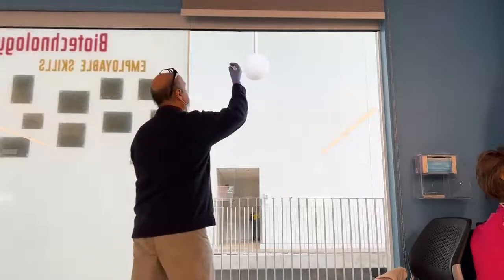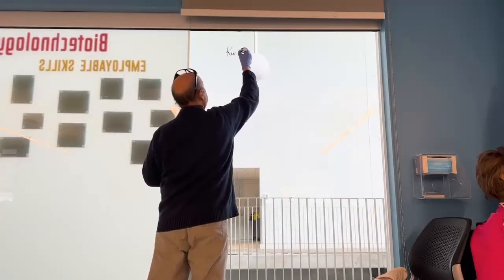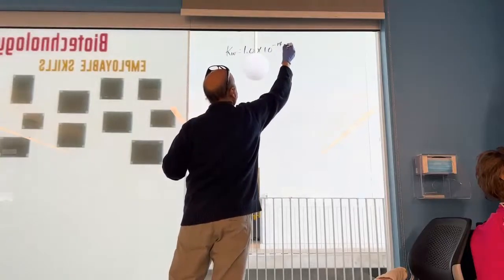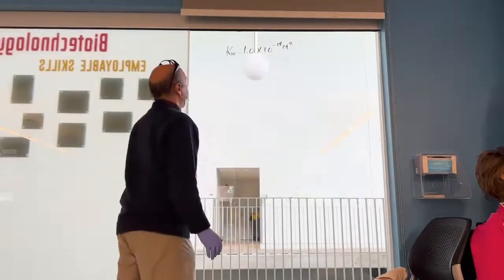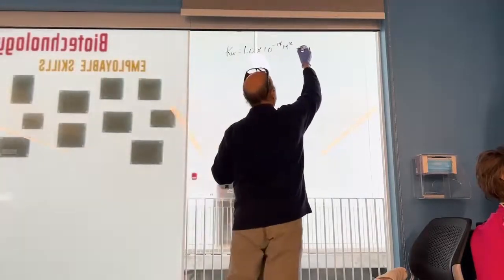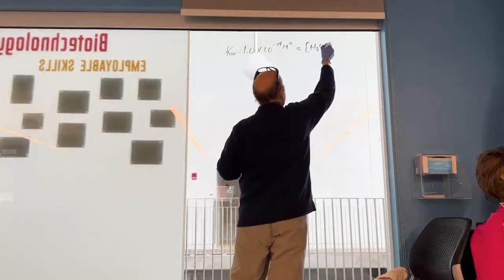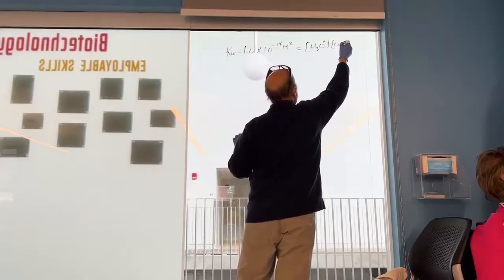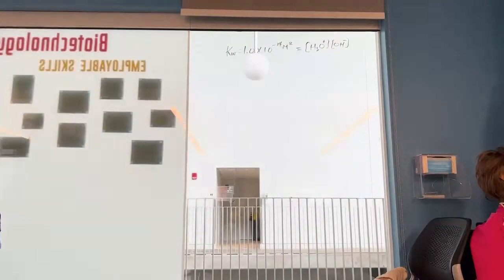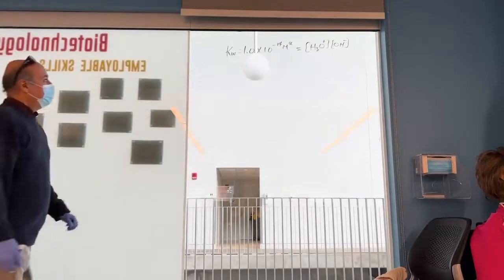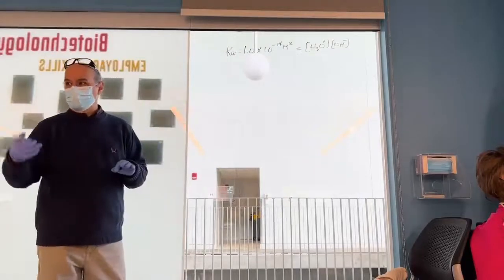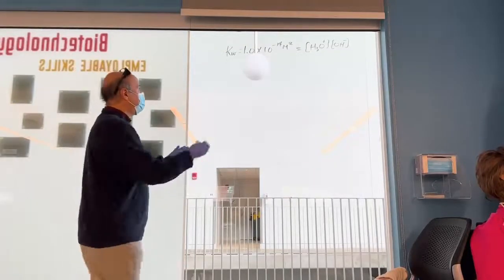So I'm going to put the KW again here, and knowing that that is actually the product of those two ions, I'm going to ask you a new question. And in fact, let's use the same value that we just got, just to see if we get it right.